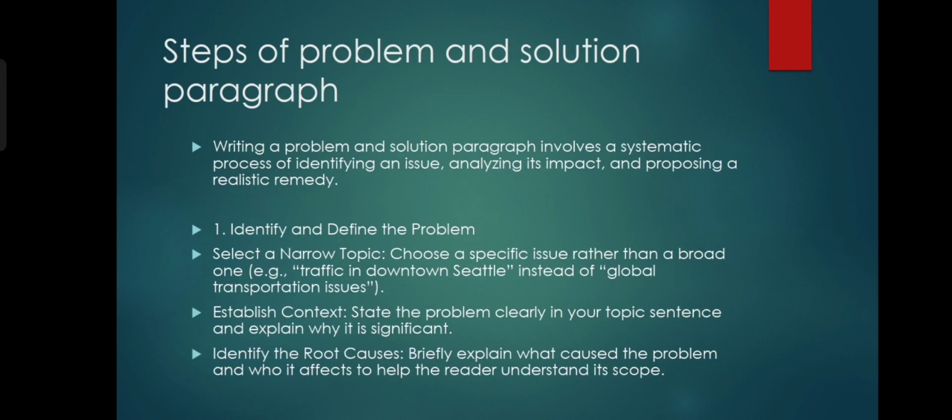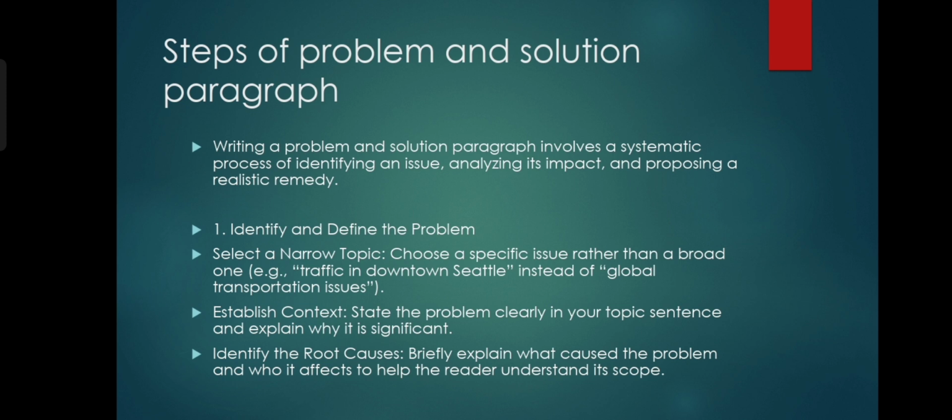The steps of a problem and solution paragraph. Writing a problem and solution paragraph involves a systematic process of identifying the issue, analyzing its impact, and proposing a realistic remedy. One: identify and define the problem. Select a narrow topic.